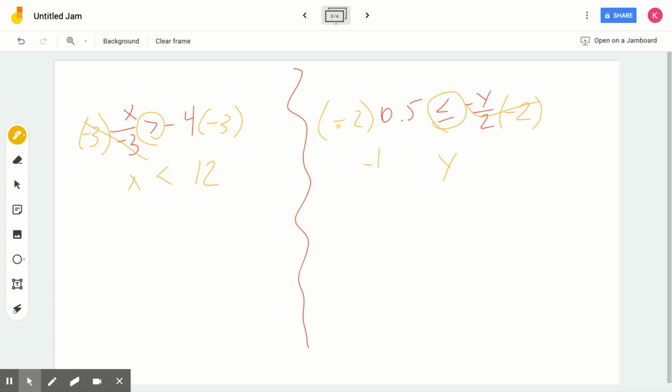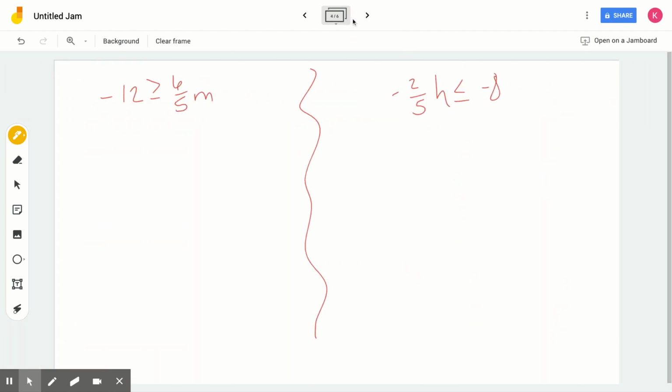Now, since we multiplied by a negative, we have to flip the inequality. When that variable's on the right side, we want to rewrite it the opposite way, so flipping our terms and flipping the sign. So y is less than or equal to negative 1. Now, go ahead and try numbers 9 and 10.